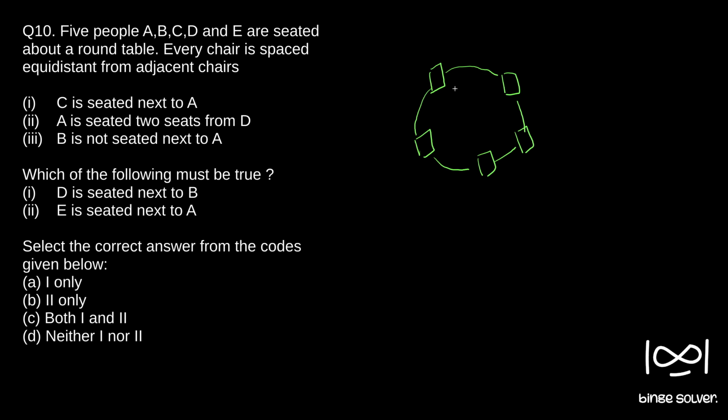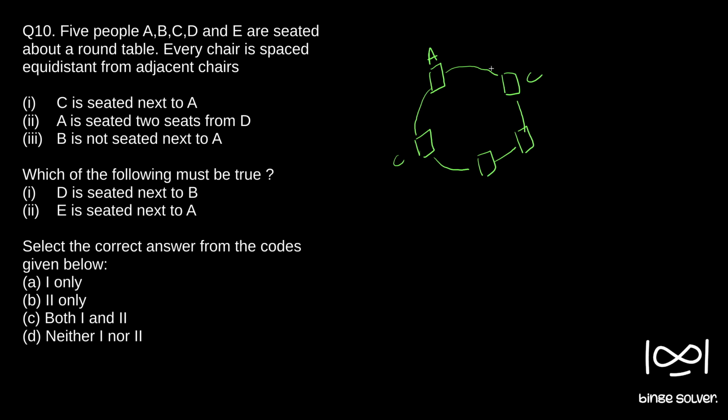The first information is C is seated next to A. So randomly we'll assign A here. C could be either here or here. Both possibilities are there. A is seated 2 seats from D. So D has to be 2 seats away.